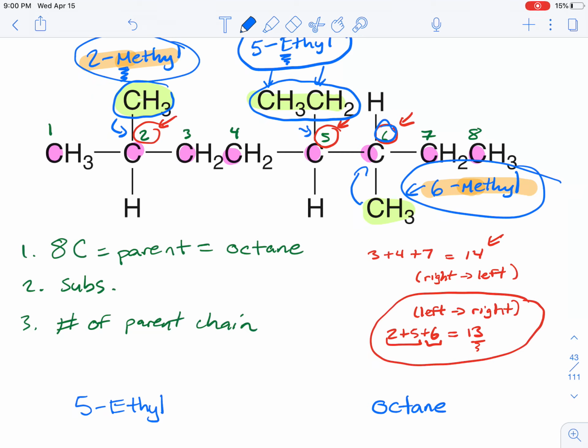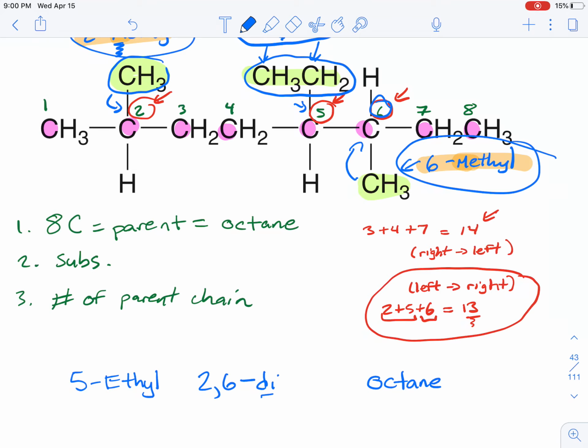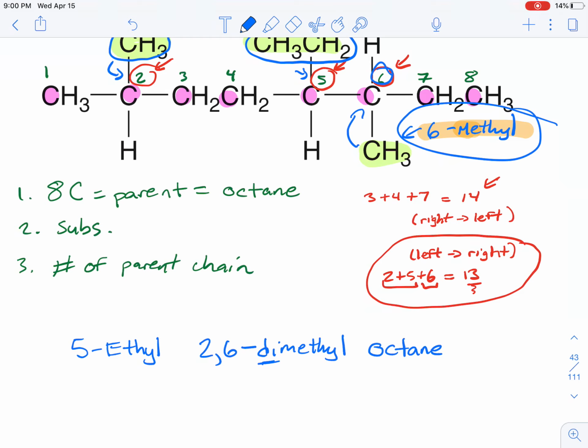So when I combine them together, I need to put 2,6-dimethyl. Notice that D comes before E, but that D in di did not come from the actual name of the substituent. It's a prefix, so you do not count that letter. And so this is going to be dimethyl octane. Okay. And so to finalize my answer, I need to make sure that all my spaces are correct, my commas and my dashes are correct, and all that stuff.